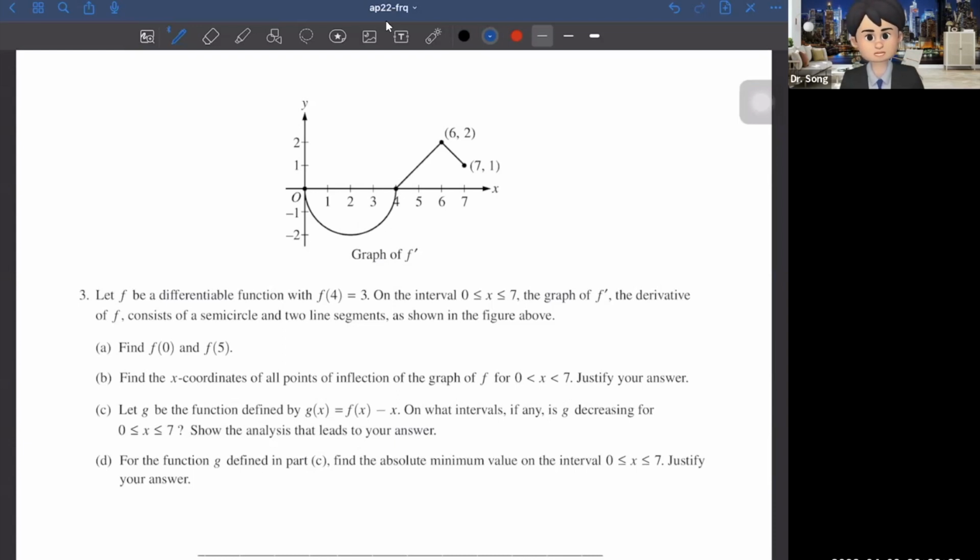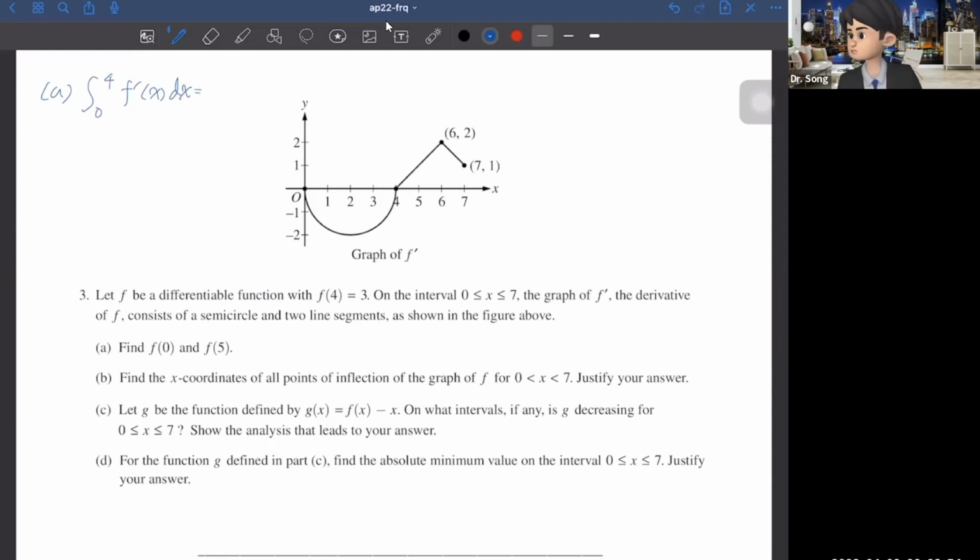Now, the first question, we want to find f of 0 and f of 5. So as you can see, from 0 to 4, we have a semicircle, right? So that being said, in order to find f of 0, we have to use f prime. As you know, from 0 to 4, the integral of f prime of x dx is the area of the semicircle. And then the circle area is pi r squared.